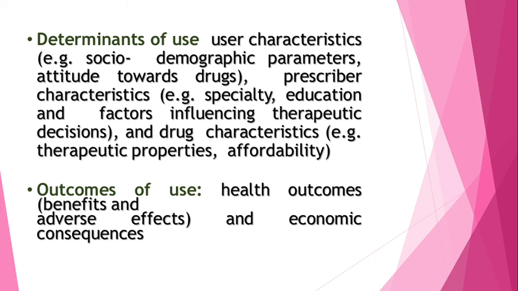It also helps to find out the influence of drug characteristics, what therapeutic benefits a patient is getting, and whether it is really affordable to the patient. Then outcomes of use, health outcomes, whether he is really getting benefited, or what the ratio of benefit to adverse effects is, and what the economic consequences of it are.